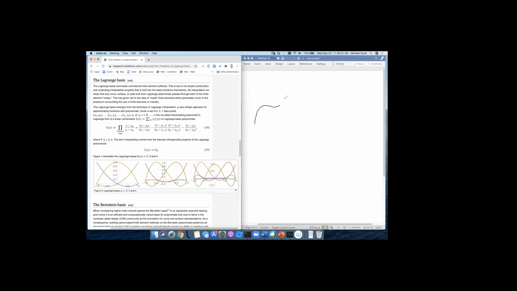Okay, so if you pick a linear, like the C0 linear finite elements, then you don't suffer from this phenomenon, right? Because linears, all they can do is connect the dots. This oscillating phenomenon occurs mostly for the higher order versions of the Lagrange polynomials.